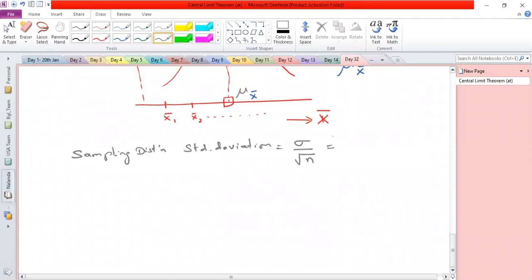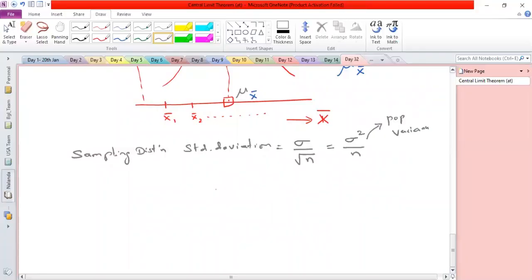In other words, sigma square by n. This sigma square is the population variance, or this sigma is the population standard deviation.